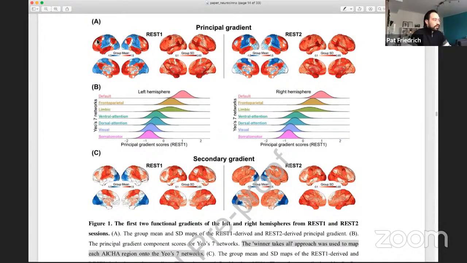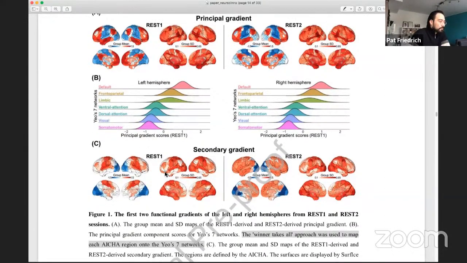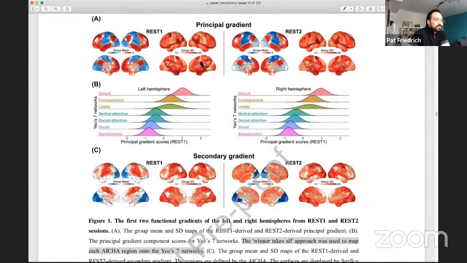If you compare this to the principal gradient by Margulies from 2016, you would see that the gradients on both hemispheres quite resemble the principal gradient calculated over the whole brain.